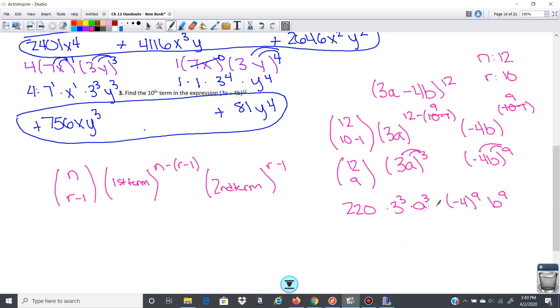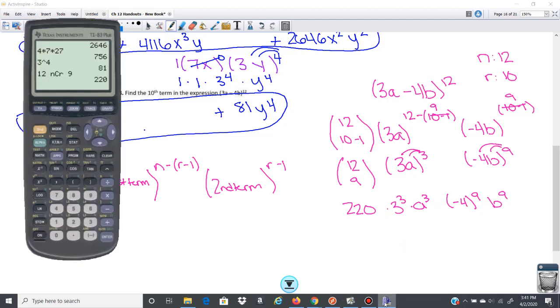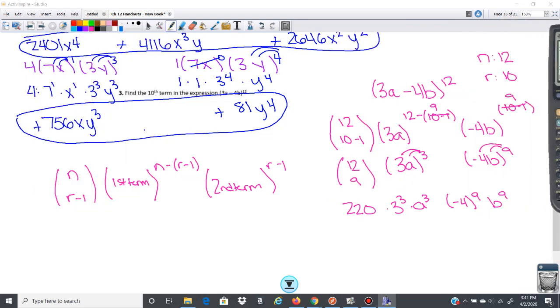Okay, so let's go ahead and find the number that goes with that. So 220 times 3 cubed times -4 to the 9th. So this is going to be a really large number. So -1,000, no, it is, I think it's 1 trillion, but let me write it out here.